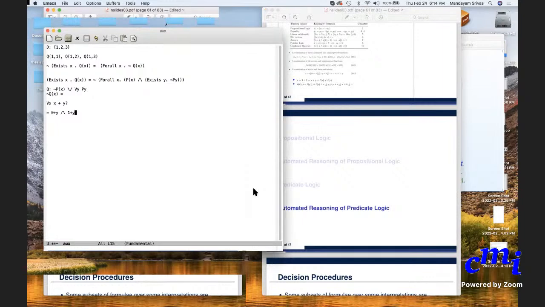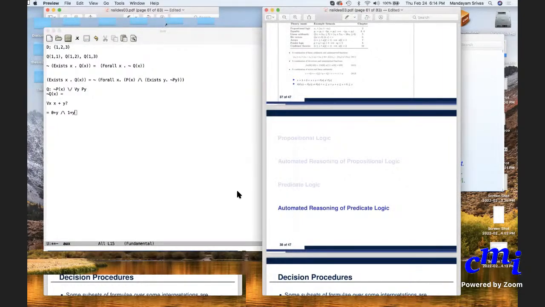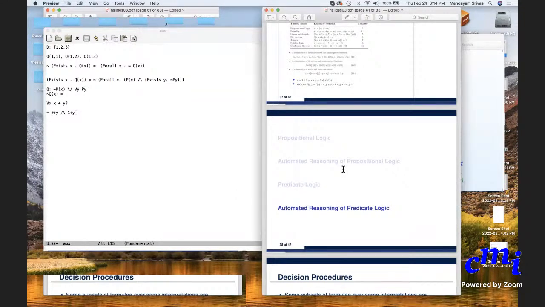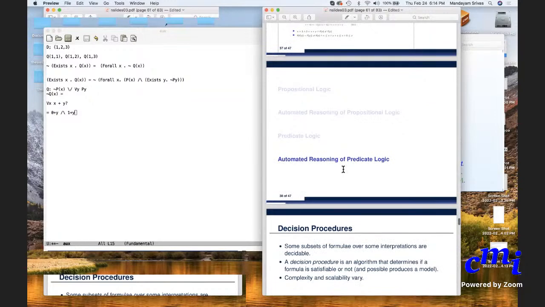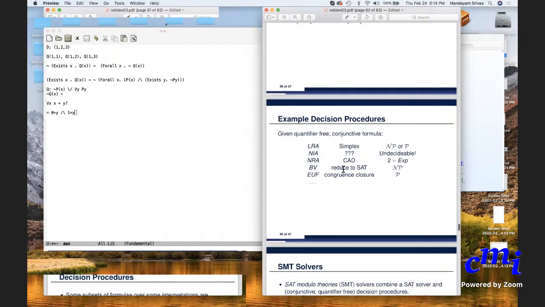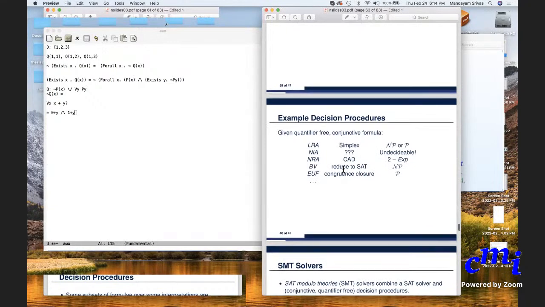It's 6:15 already, so I'm taking a lot more time than I should. I thought I'd be able to get to introducing Hoare logic, but I will stop here. There are some complexity issues, even for the quantifier-free conjunctive formula.